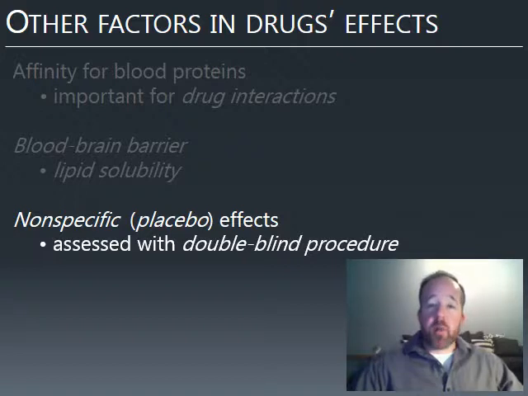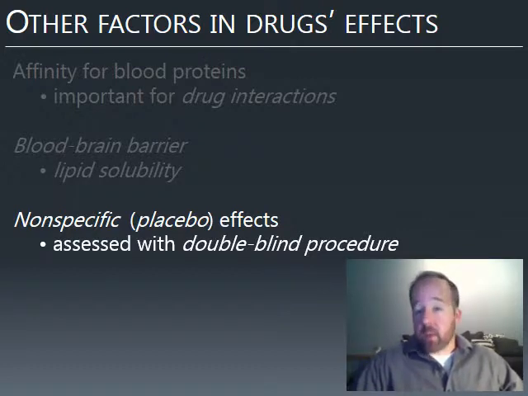Some of the placebo group are going to report an effect because they're expecting one. But you can subtract out the effect of those expectations, because both groups are expecting some effect, but the drug group will have some additional effect as a result of actually getting the drug. That may not be a big one, in which case the drug isn't all that effective, but it's measurable.